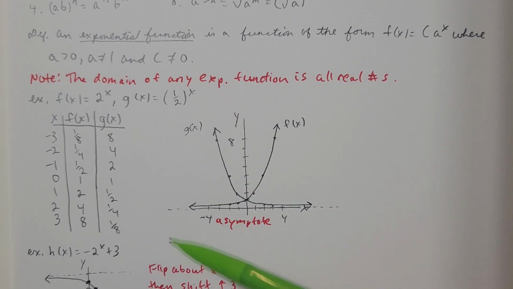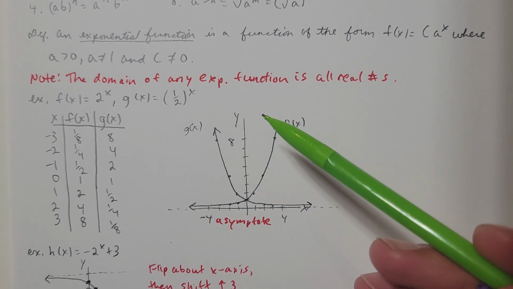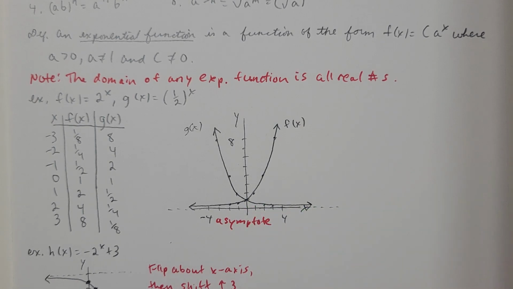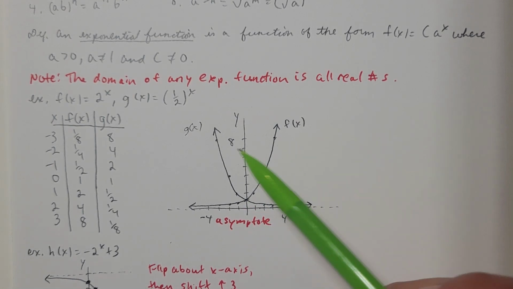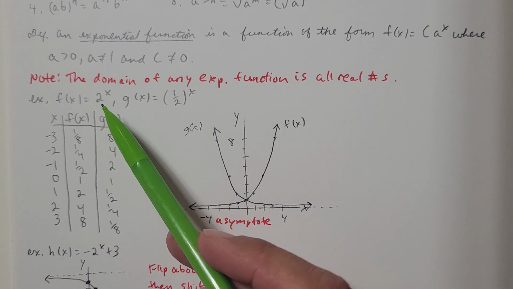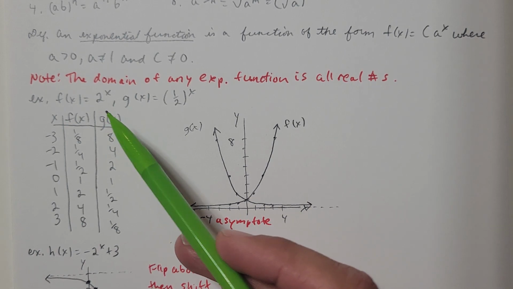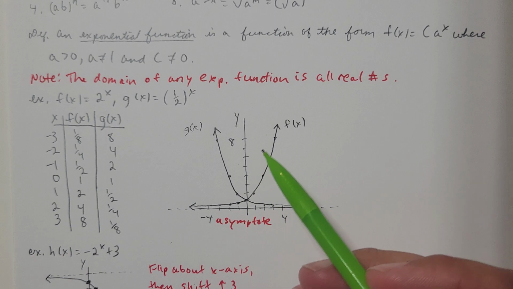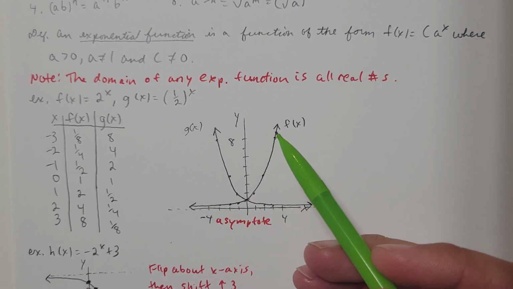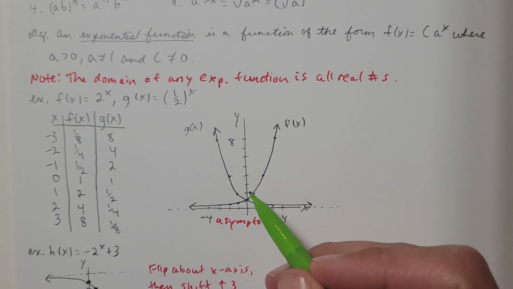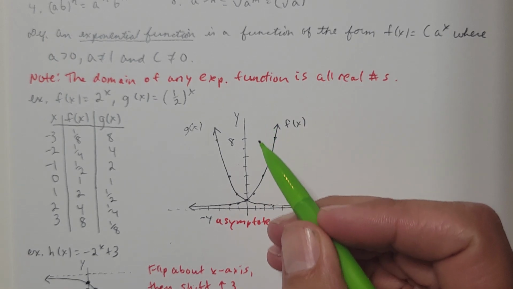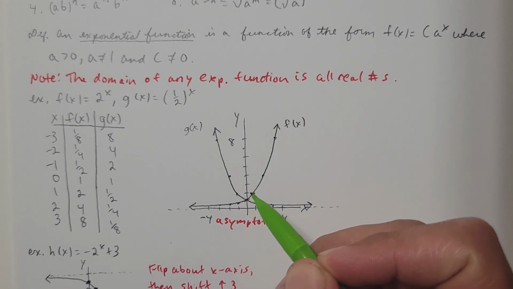By the way, the bigger the base, the bigger the shot upward after you cross through the y-axis. So if I were to graph y equals 5 to the x, I'd have something similar to y equals f of x here, but I'm going to have a bigger shot upward after I cross through the y-axis.